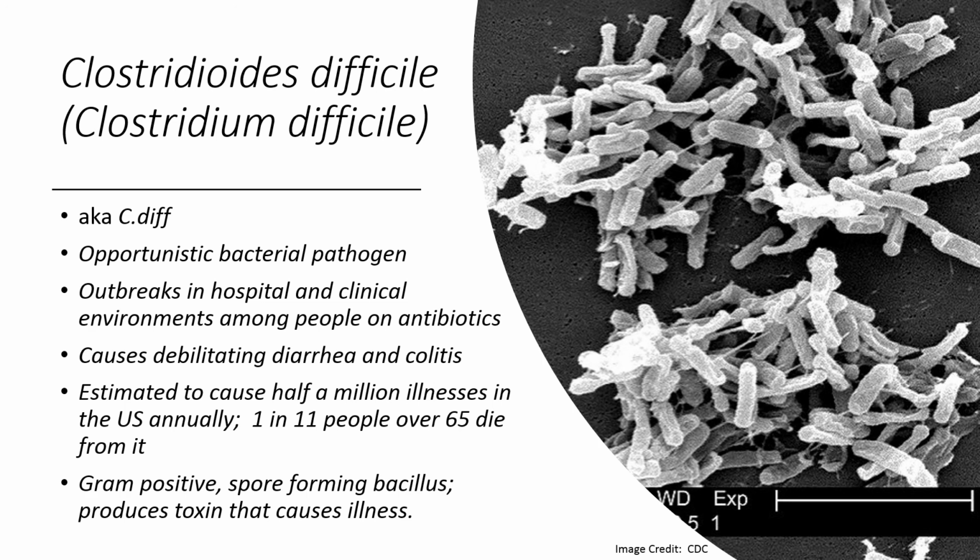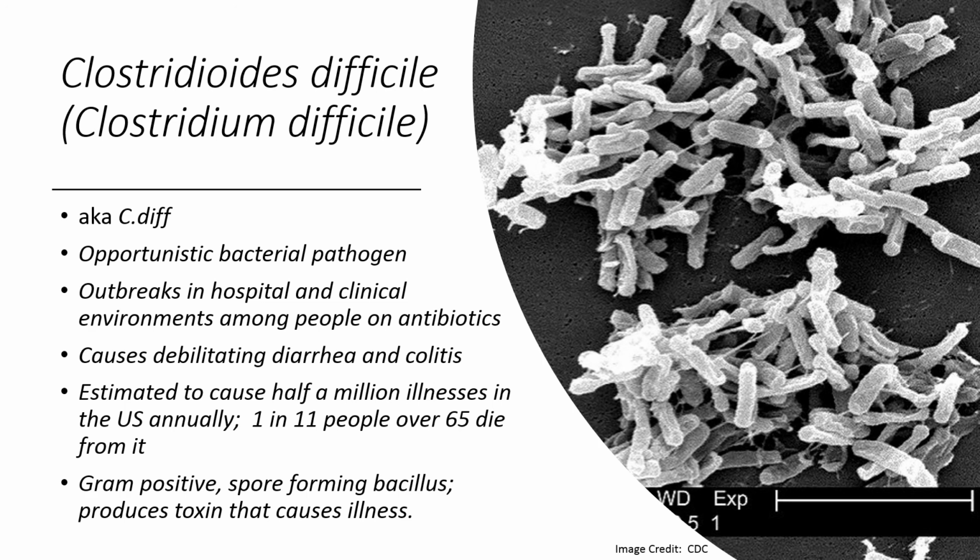So these antibiotics kill a lot of the bacteria that will compete with C. diff, and then C. diff grows out of control, partly in fact because it's a spore former, and those spores can actually survive the hostile environment produced by the antibiotics.